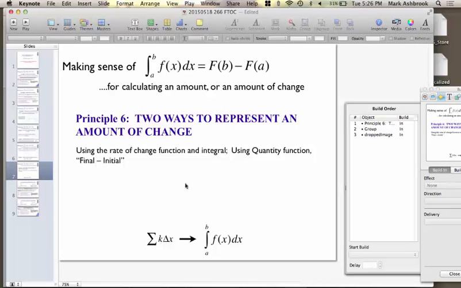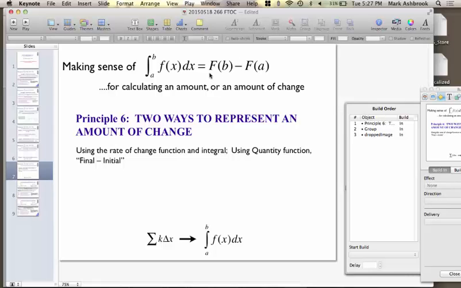And so now that last principle, you're staring at the fundamental theorem, right? Left side is computing the total amount of change using the rate function. What you're thinking is, oh, we're summing up a zillion bits of change, right? k delta x plus k delta x plus k delta x, where delta x is super small. The right side, you're saying, oh, here's the quantity function. If I have a quantity function, I want that amount changed. I just take the final value of the quantity minus the initial value of the quantity. Piece of cake. It's actually principle 7.